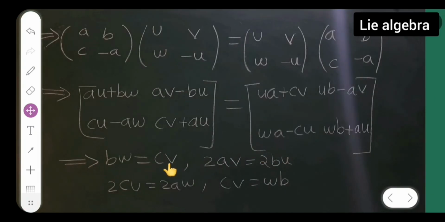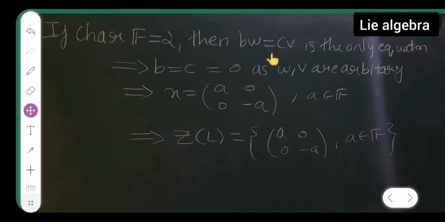From here BW is equal to CV, and this is the same. When the characteristic of F is equal to 2, this will be the only equation. Now this implies B is equal to C is equal to 0. Why is this so? Let me tell you all why it is so.